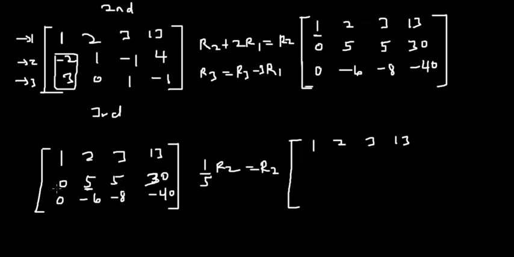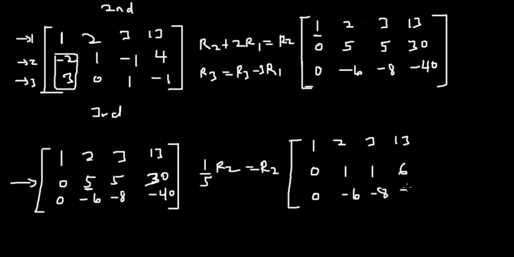These are the R2 values, that's row 2. So 1 on 5 multiplying 0 will give us 0. 1 on 5 multiplying 5 will give us 1. 1 on 5 multiplying 5 will give us 1. And then 1 on 5 multiplying 30 will give us 6. And then we maintain our row 3.